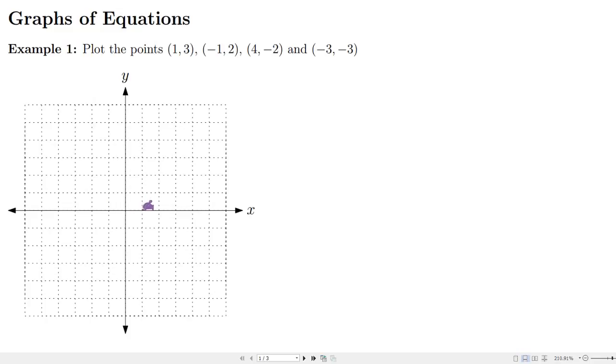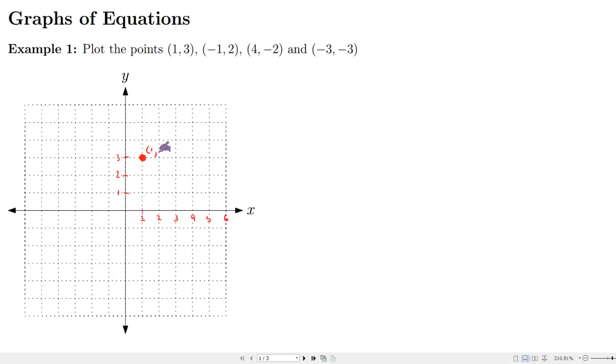Let's say that we're incrementing these by 1. So if this was 1, this would be 2, 3, 4, 5, 6, and so on. So for (1, 3), we're going to go positive 1 in the x direction, and then positive 3 in the y direction. So 1, 2, 3. That point would be right here.